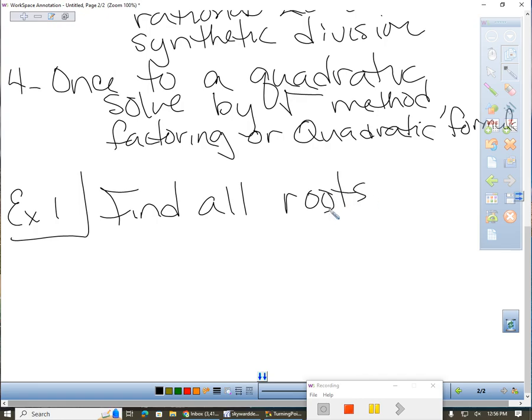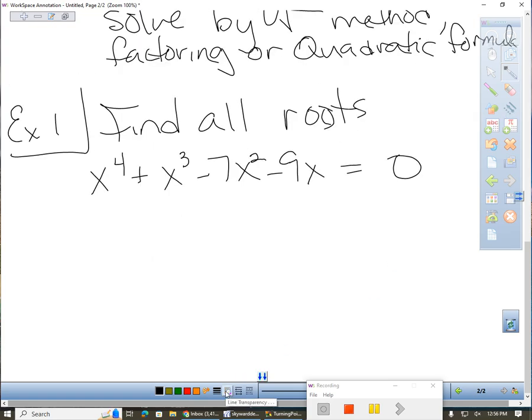And we're going to start with x to the 4th plus x to the 3rd minus 7x squared minus 9x, whoops, I forgot my last number. Sorry, guys. Minus 18 goes in there. Equals 0.